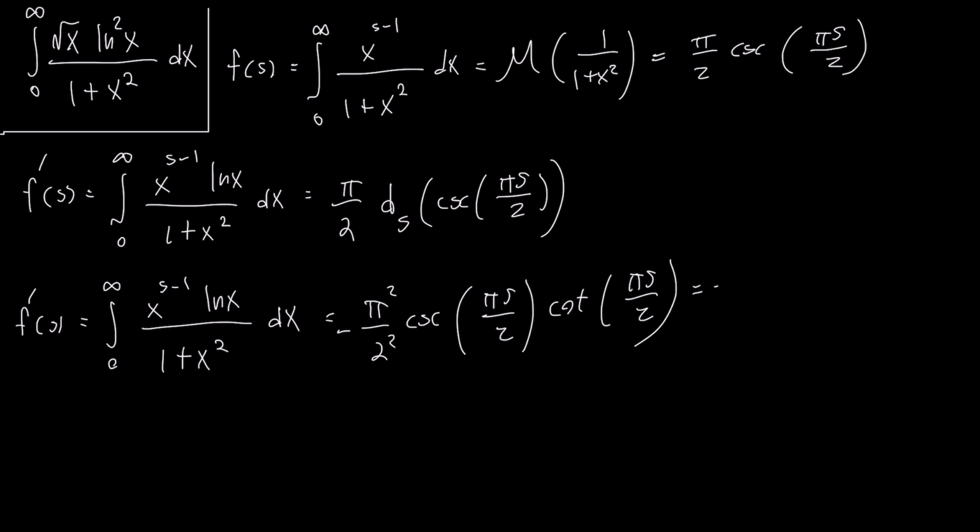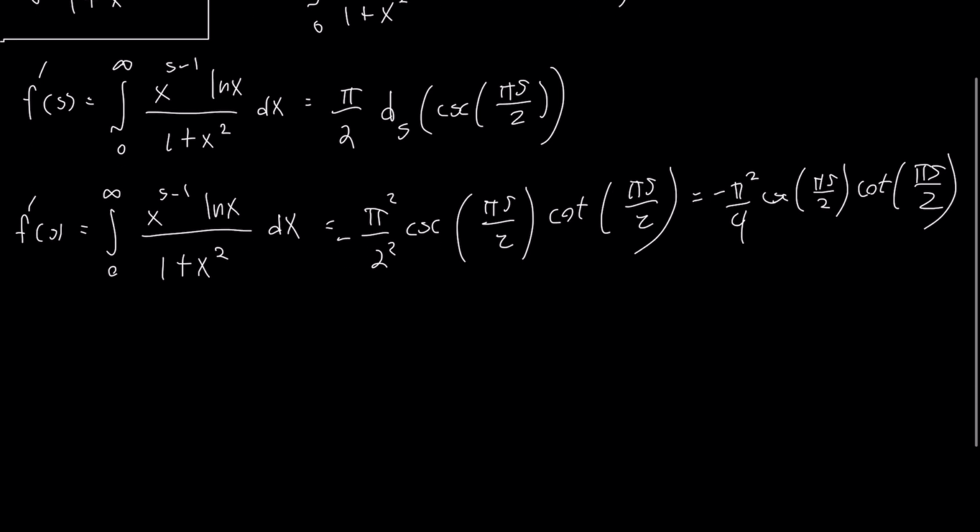So this will be negative pi squared over 4 cosecant of pi s over 2 and then a cotangent of pi s over 2. Now I'm going to differentiate with respect to s again.